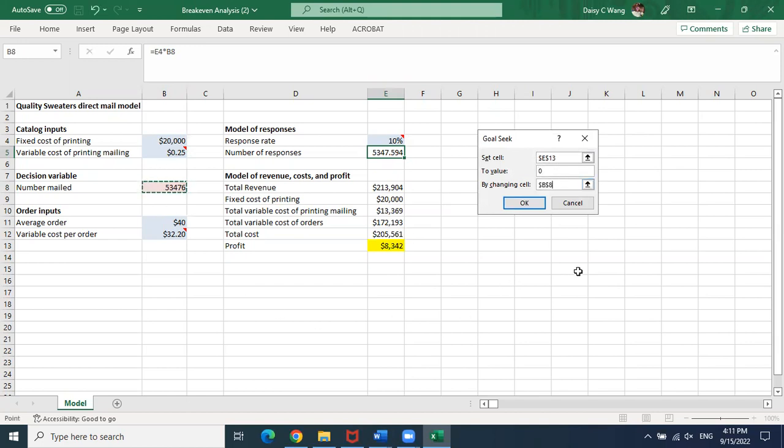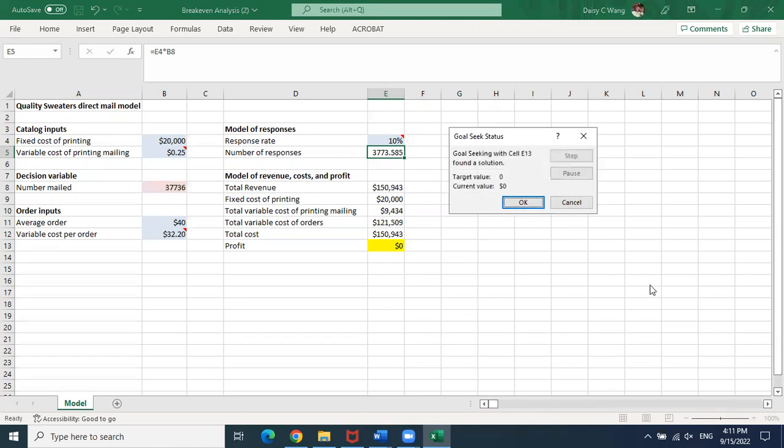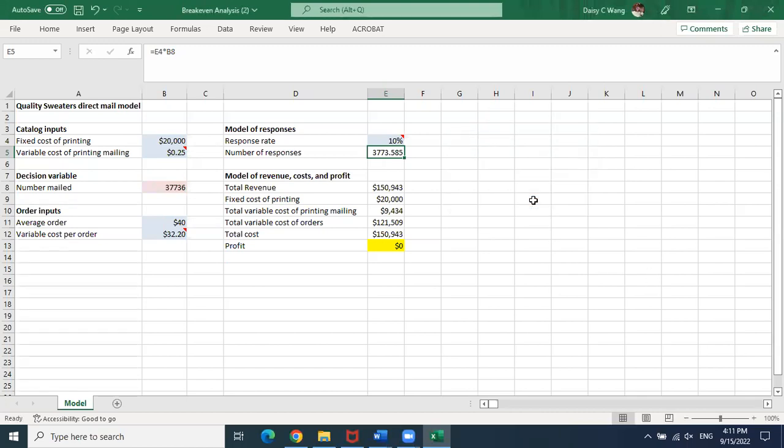Remember it was almost 53.5 thousand; now it's about 37,000, about 38. But if we lower it to 6%, then you have a loss.